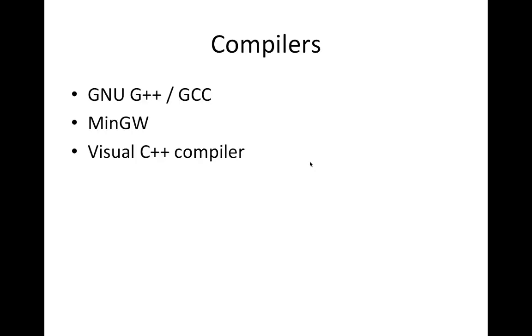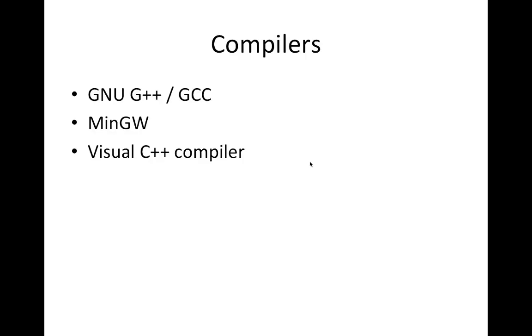There's a choice of different compilers. The compiler that I'm going to be using for these tutorials is the GNU compiler. The G is actually pronounced in GNU, I believe. It's some sort of strange acronym. That compiler is known as GCC, or also G++.